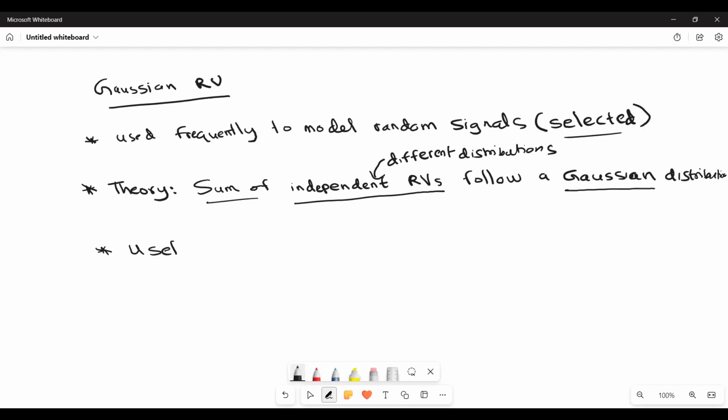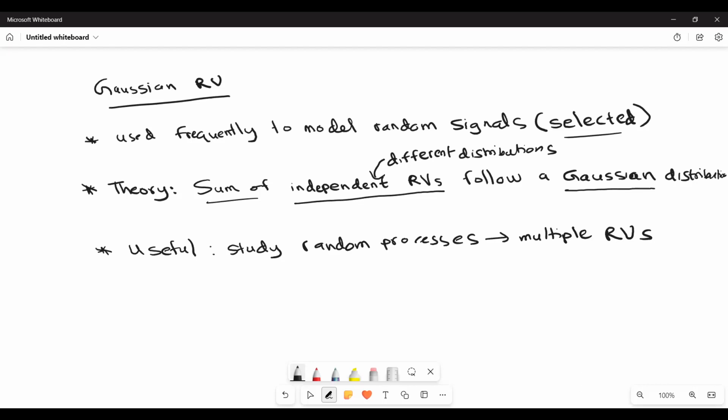So this fact is useful when we are modeling or studying random processes with multiple different random variables, right? We have multiple random variables, and multiple random-variable-based processes.